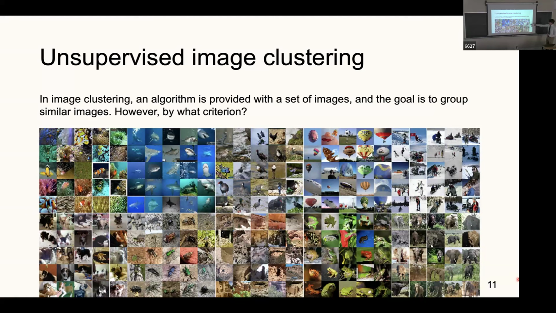This is meant to be a successful depiction of image clustering, and I guess similar color palettes are grouped together, but it's ill-posed. Unless you tell the algorithm what you mean by similar, unless you provide some sort of description about the metric that defines the distance between images, it's an ill-posed problem. So classical image clustering is ill-posed because the criterion by which you want the clustering to happen is not specified.